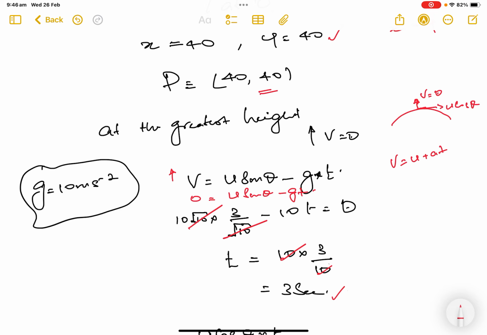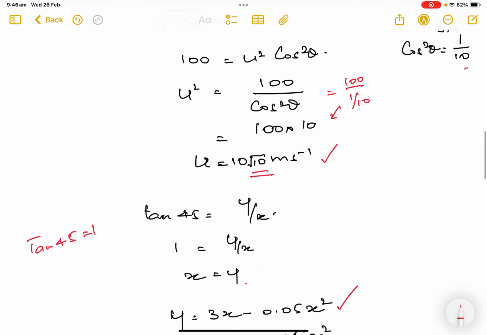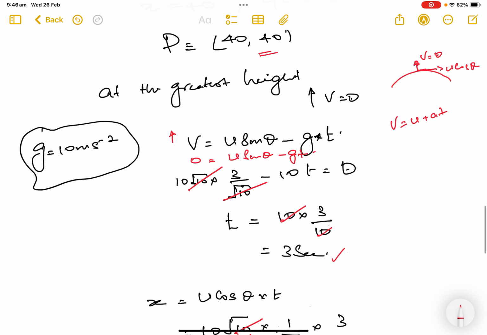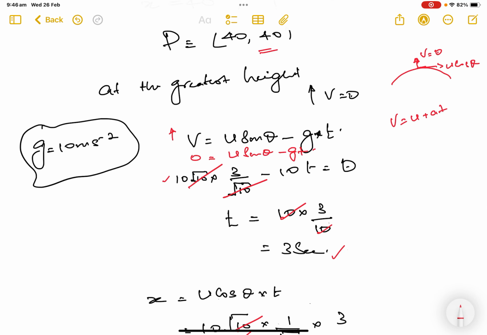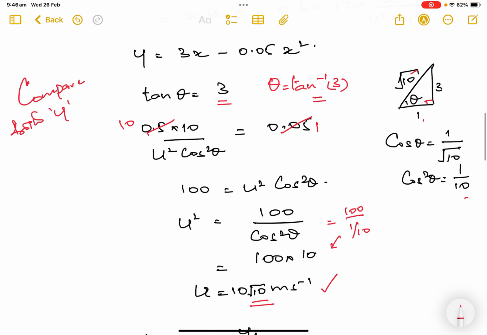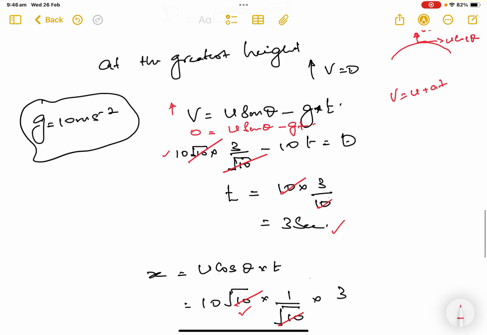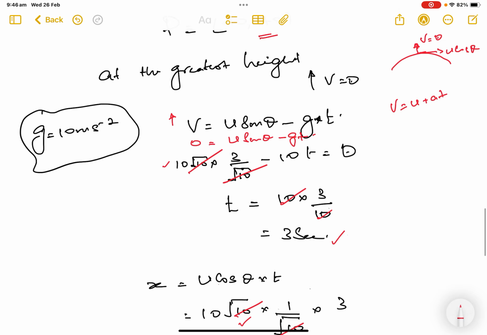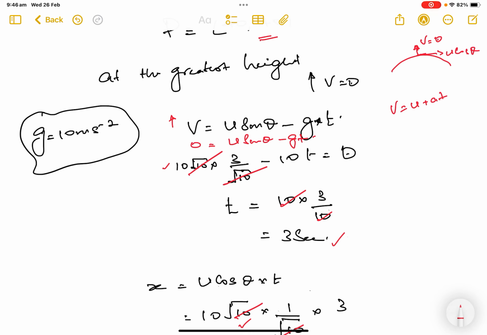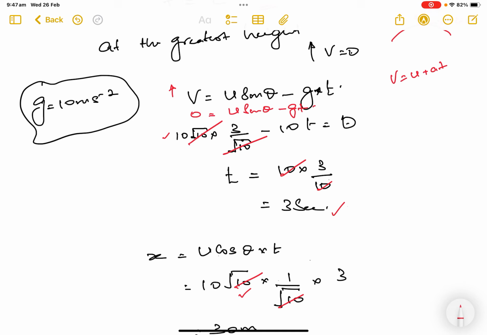Bring u sine theta out to this side. u we have found, 10 root 10. Sine theta we found from the triangle: opposite over hypotenuse, 3 over root 10. Root 10 cancels out, leaving 3 times 10, and g we assume is 10, so 10t.